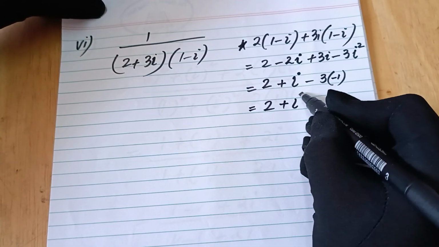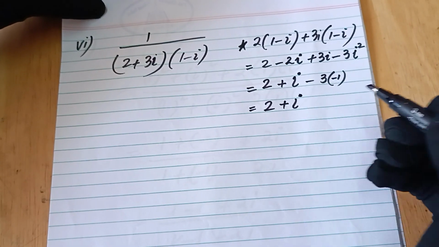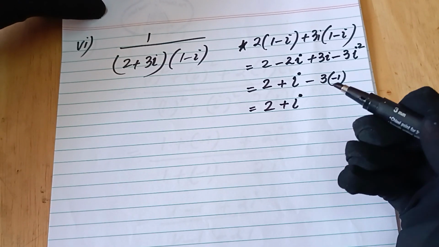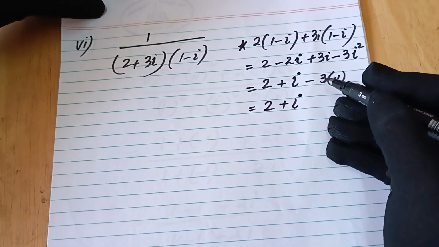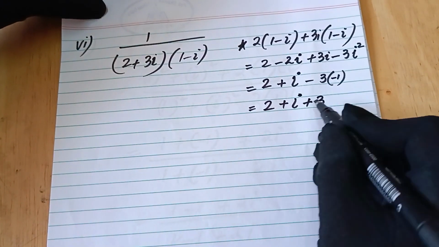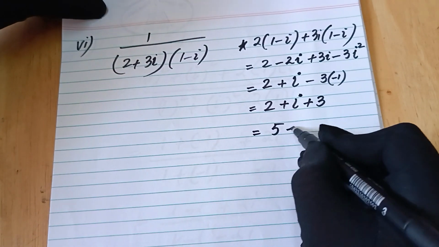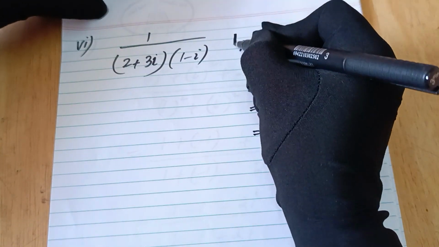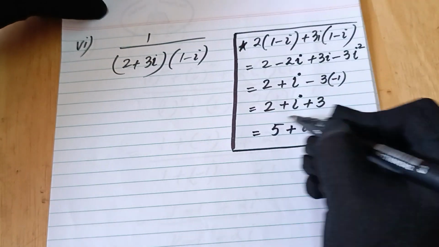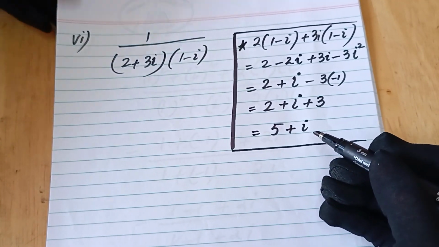Writing is very important in maths, that you must not confuse yourself and the checker also with your symbols, your writing, your numbers. Everything should be clear. Minus plus 3, 1, 3. 3 plus 2, 5 plus iota. Keep this in a separate box. The answer of this whole is 5 plus iota and it takes less.